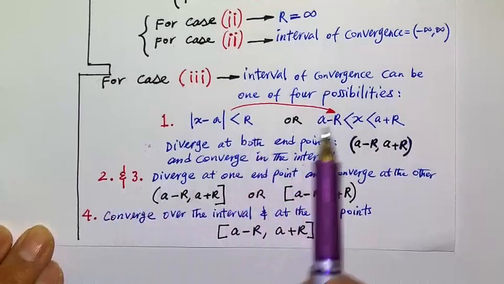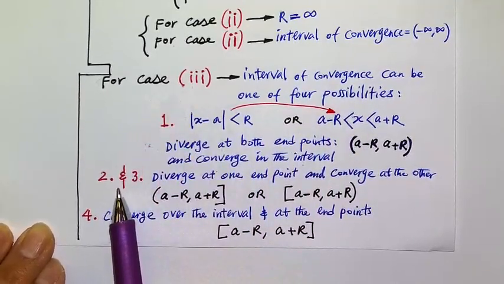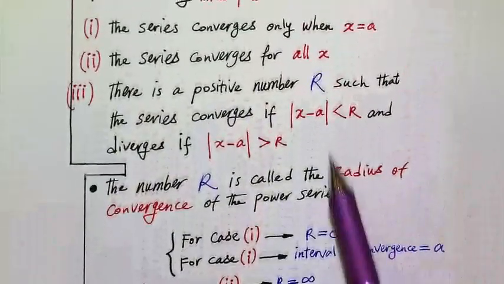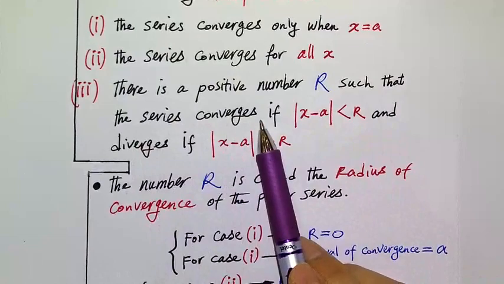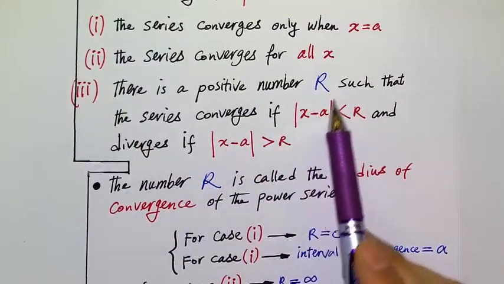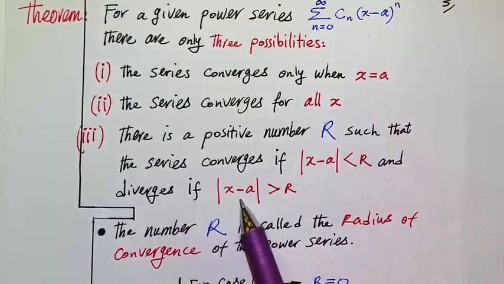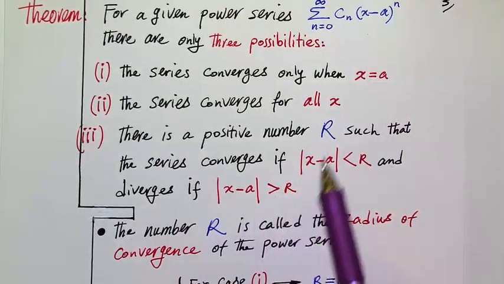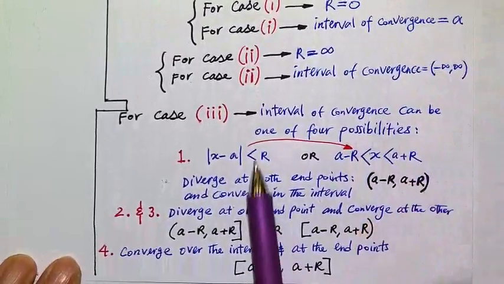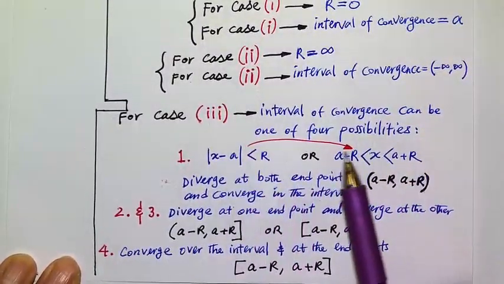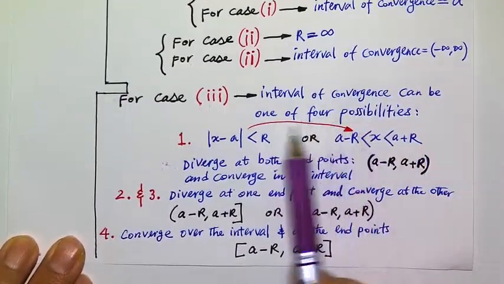Case 2, and we said there are 4 possibilities for case 3. So case 3 is when there is a positive number r such that this series converges if the absolute value of x minus a is less than r and diverges if the absolute value of x minus a is greater than r. Okay, so I just wanted to mention that again. When that happens, then for the interval of convergence, there are 4 possibilities.